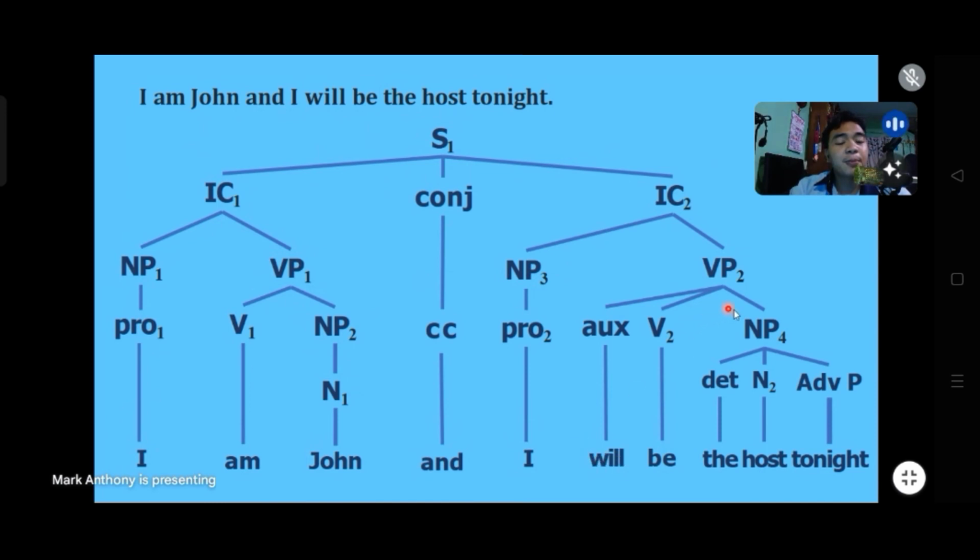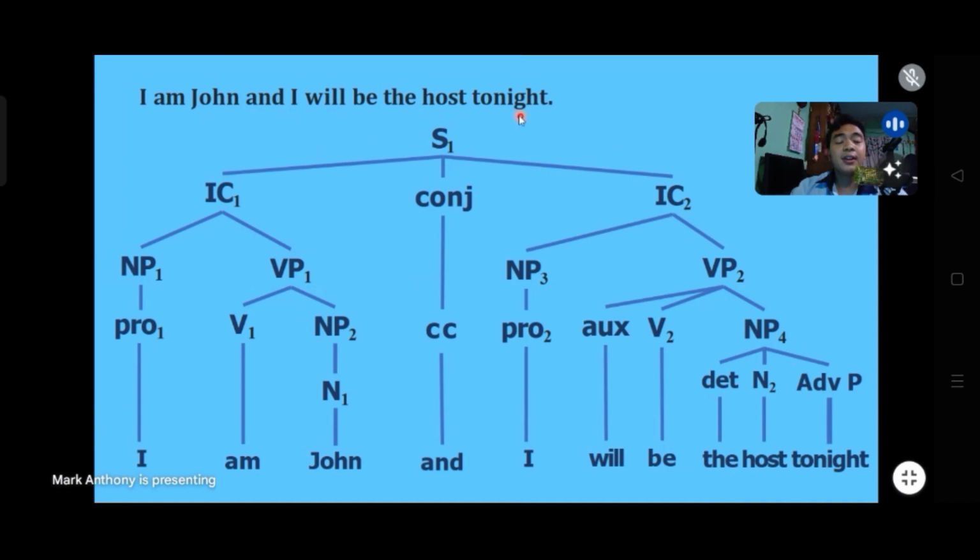And then it is followed by a noun phrase in which we have the determiner the, and then another noun, which is host, and then an adverb phrase which is the word tonight.